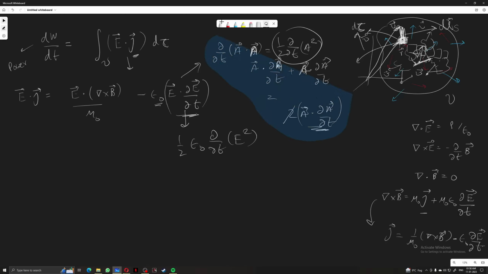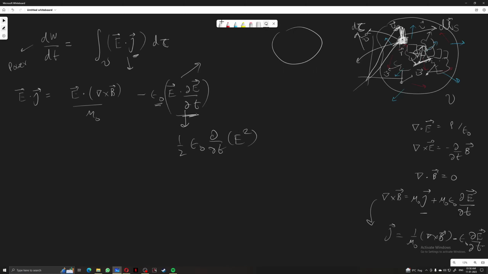And for the next term, which has these curl and E in it, let me just remove this. Okay, I will also remove this. I will paste this over here.